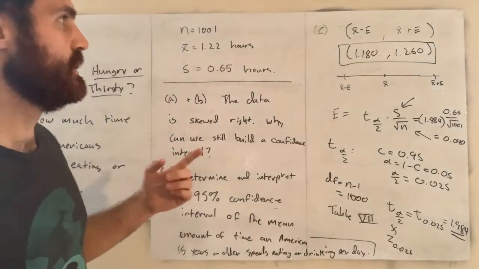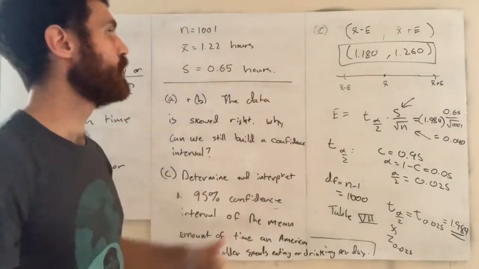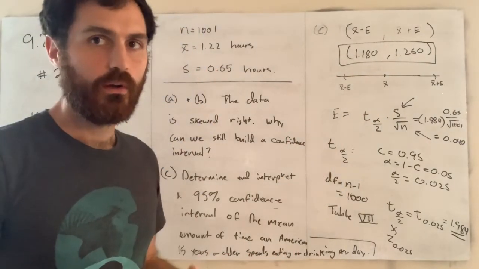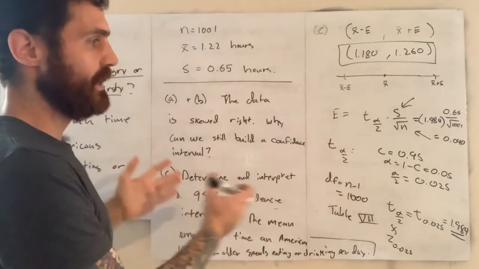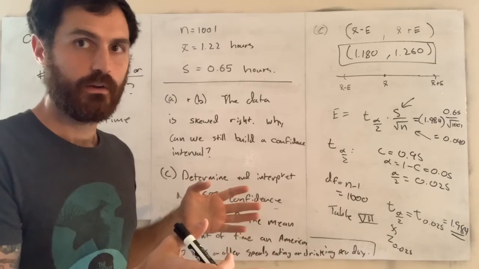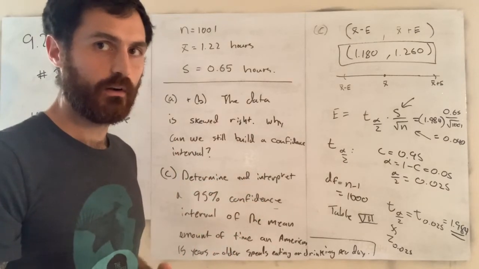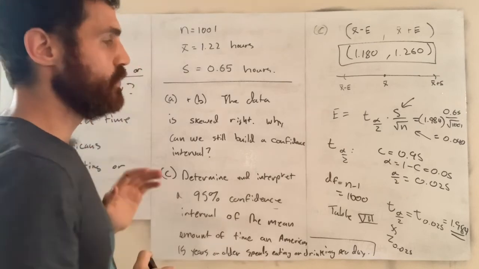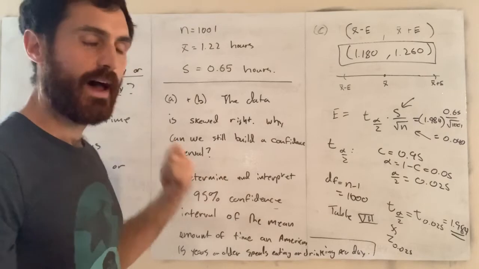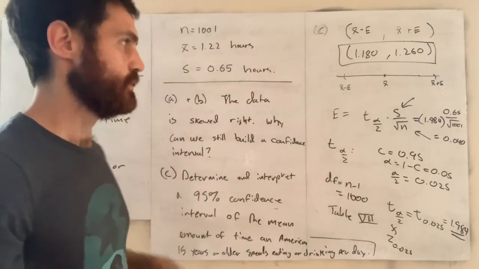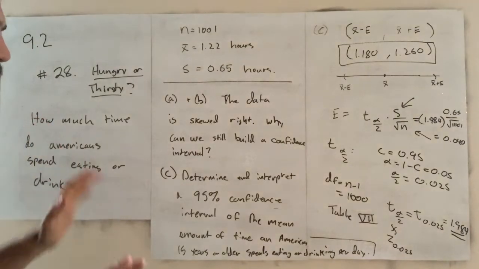Because we can't use this, since we've made sure to choose all of our people outside of the 9 to 15 range. And so this isn't a random sample anymore. So you can't use it for a different population because that screws with the randomness. So our assumption that it's randomly chosen is off the table.